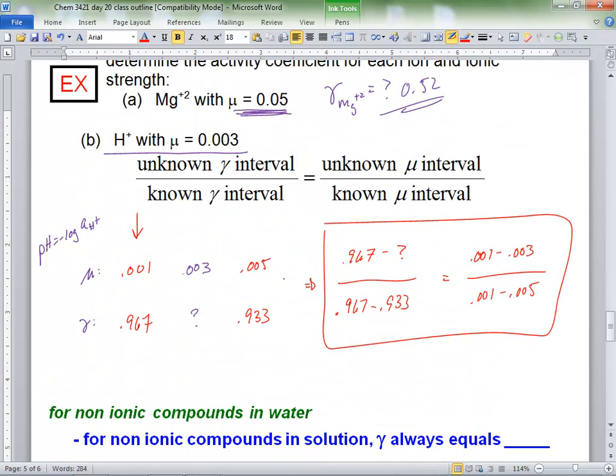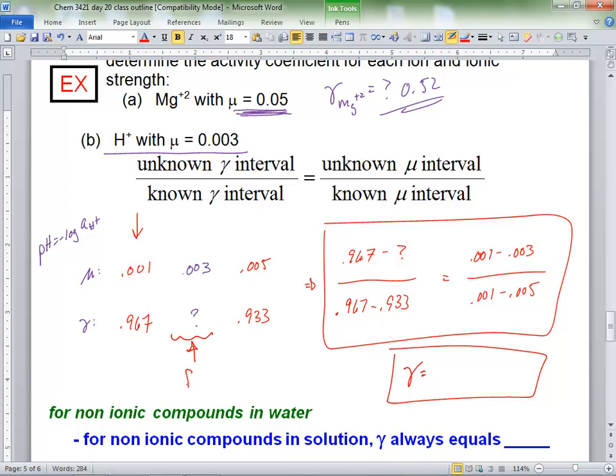Did you get an answer? Whatever you get, go back up into the table and make sure it makes sense, that it actually fits. You don't really have to go back to the table, you can just look right here.